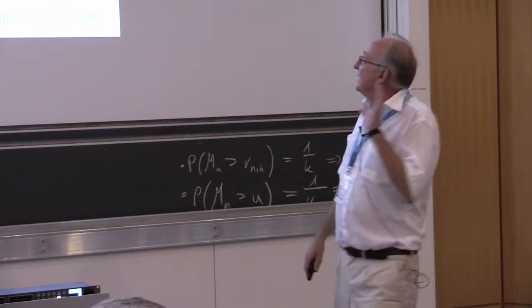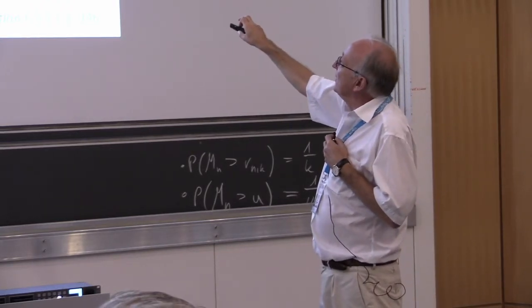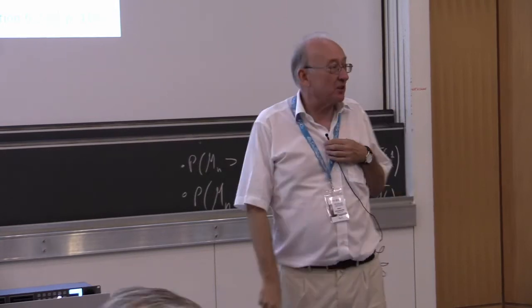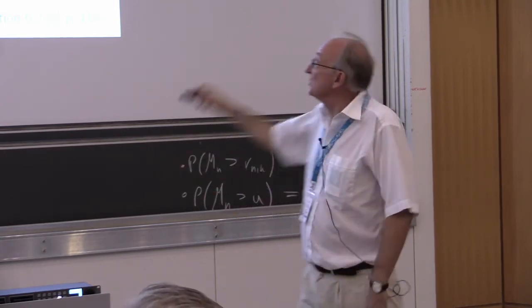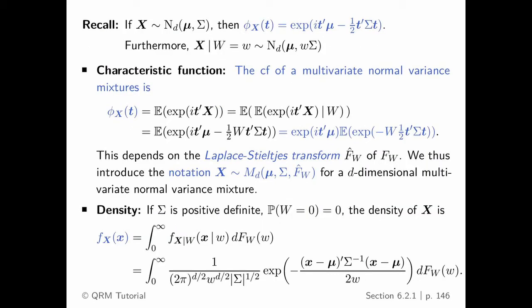This new vector now gets a name from me. The new vector is a multivariate mixture, an M, mixture of Gaussians, because I mix Gaussians. That's the W construction here that's called mixing. Input parameter mu, input function sigma. Sigma is not the covariance of X. Sigma is the covariance of the input multivariate Gaussian. Slight difference.